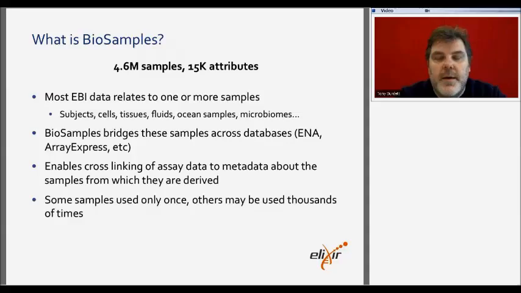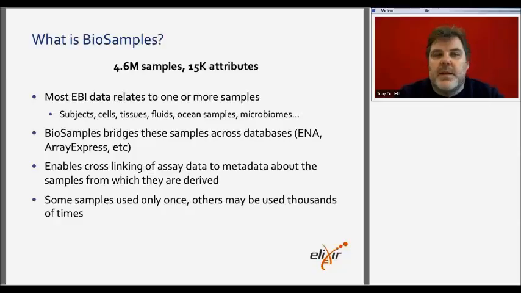So just to outline a little bit about what Biosamples actually is, it's a repository containing, at current count, more than 4.6 million samples, with over 15,000 metadata attributes. As we've seen on the previous slide, most of the EBI data actually relates to one or more samples.